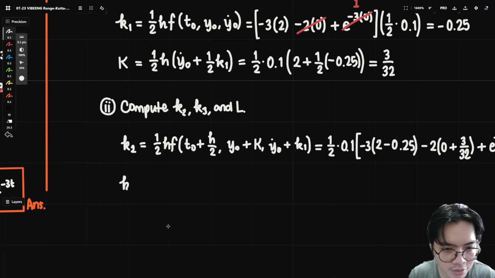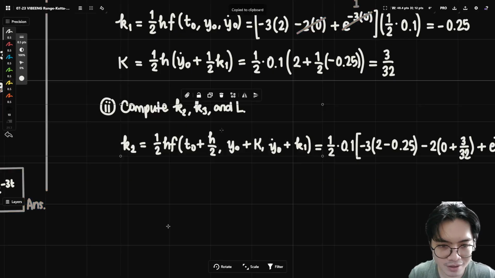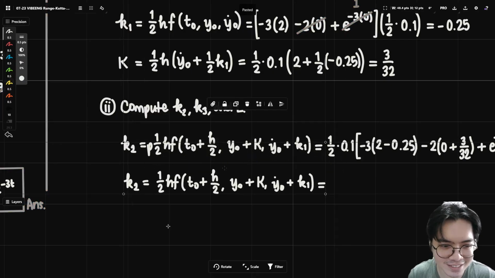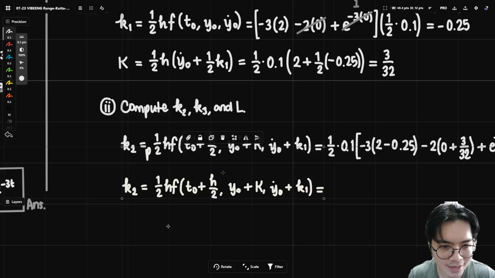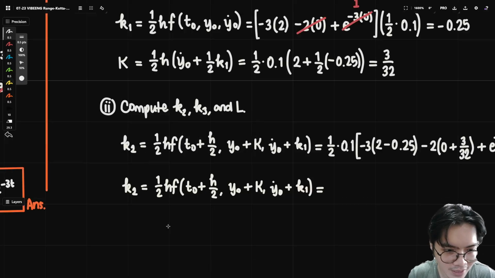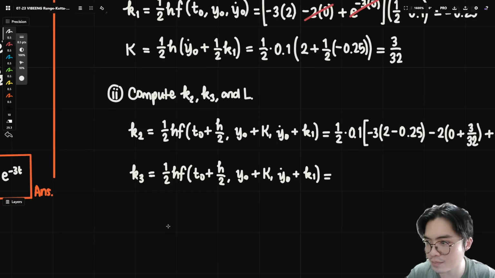For K3, I can just copy-paste. Oh my goodness, I feel so powerful. Anyway, our K3 value will be a replica of everything so far, except this one will be replaced with K2.